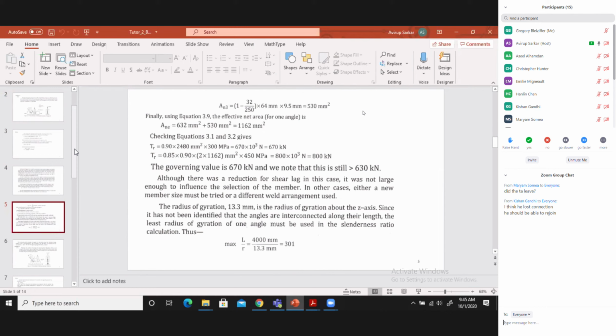So if you consider the horizontal axis, if that is giving the minimum thing, so you have to consider basically about the vertical axis for the combined section and also about the horizontal axis for the combined section. But luckily for the horizontal axis, the R for one section will be equal to the R for the two sections. Okay, and that will be giving me the same value as given in the handbook.